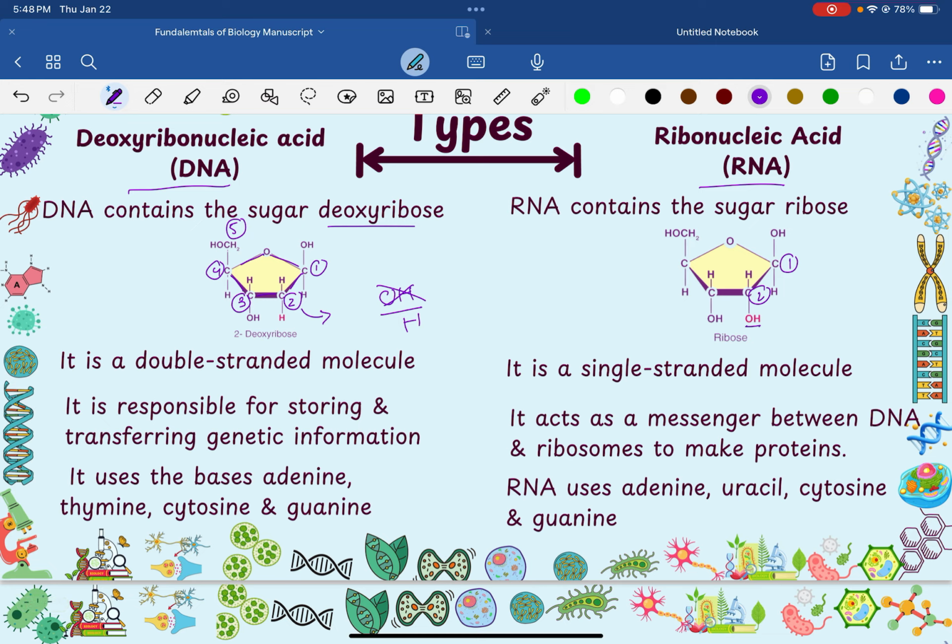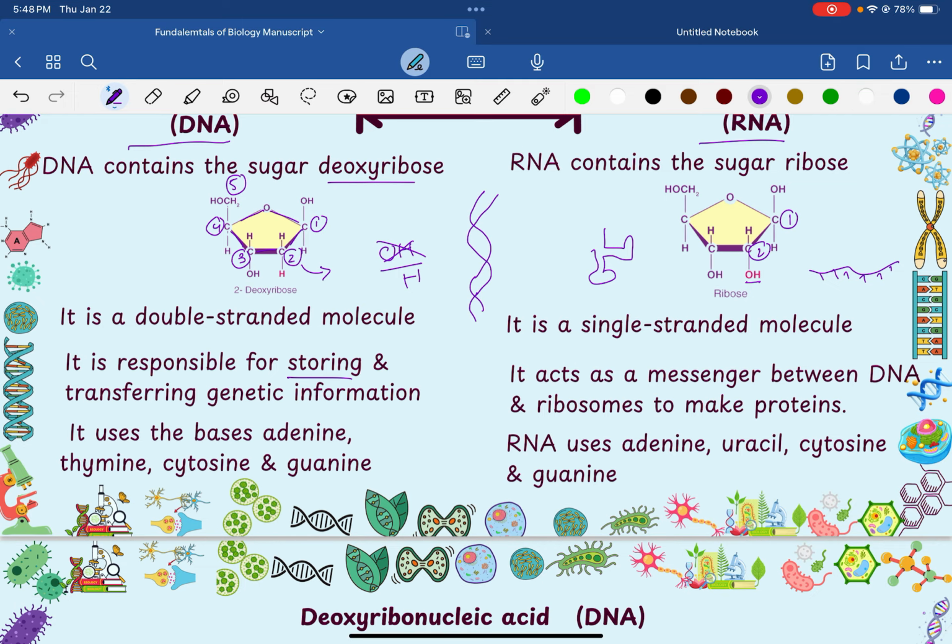DNA is a double-stranded molecule like this, just like a ladder, while RNA is a single-stranded molecule. It could be this in case of transfer RNA or this in case of messenger RNA. DNA is responsible for storing and transferring genetic information, while RNA acts as a messenger between DNA and ribosomes to make protein.